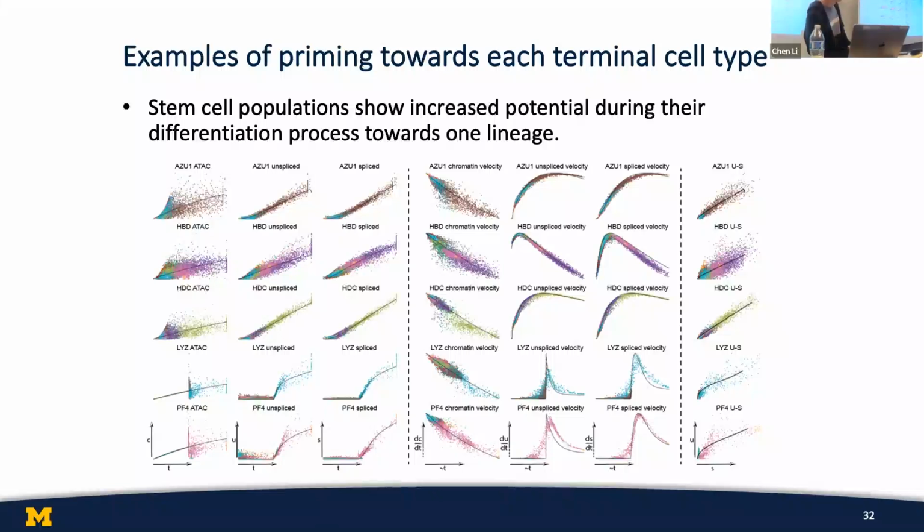But when it reaches the terminal cell type, this velocity drops rapidly, and it's not differentiating anymore. And lastly, on the right, I'm showing the classic phase portrait for the five genes. These genes only have an induction only pattern.